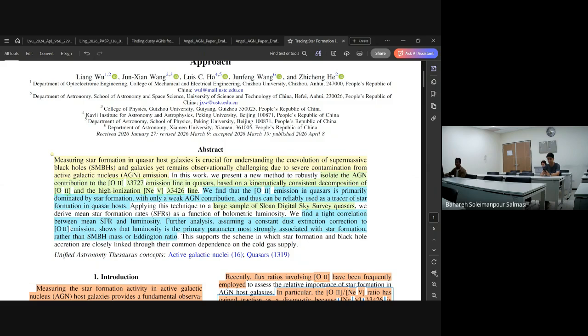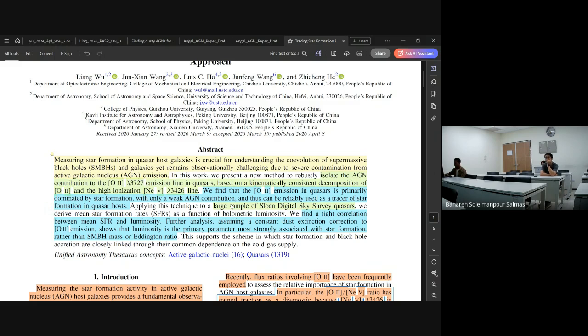The thing with this paper is that when we try to find star formation rates in these quasar host galaxies, it is sometimes hard because there's a lot of contribution from the AGN that contaminates the emission.